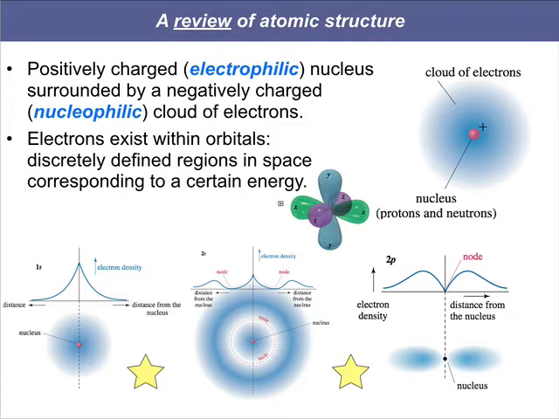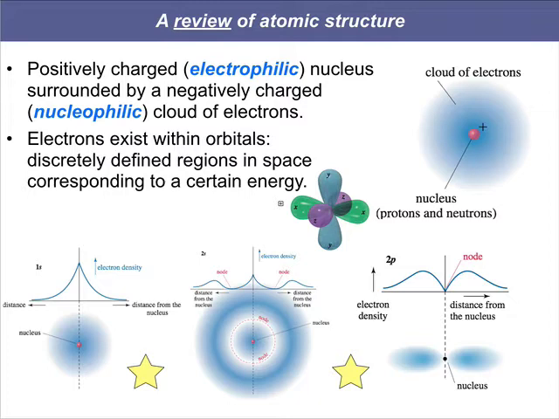The electrons around the nucleus that are negatively charged, we would call nucleophilic because they are lovers of nuclei. They are attracted to positive charge. Keep those terms in mind because we're going to use them a lot in this class. Electrophilic is attracted to electrons. Nucleophilic is attracted to nuclei, or simply positive charge.